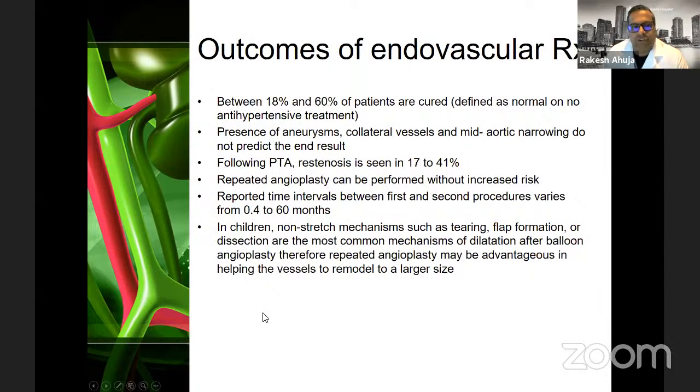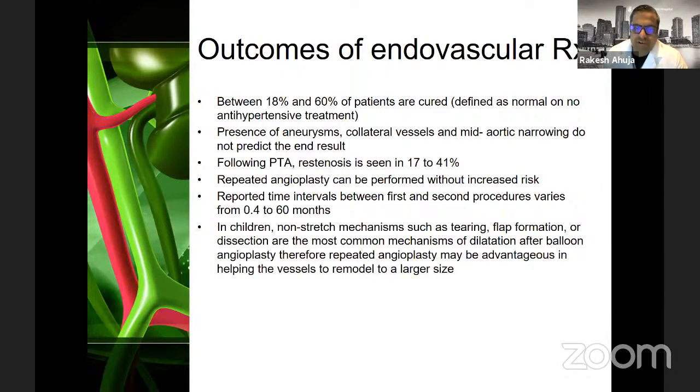Outcomes of endovascular treatment: between 18 to 60% of the patients are completely cured. Presence of aneurysm, collateral vessels, and mid-aortic narrowing do not predict the end result. Angioplasty results in restenosis about 17 to 41% of the time, and repeat angioplasty can always be performed without increased risk.